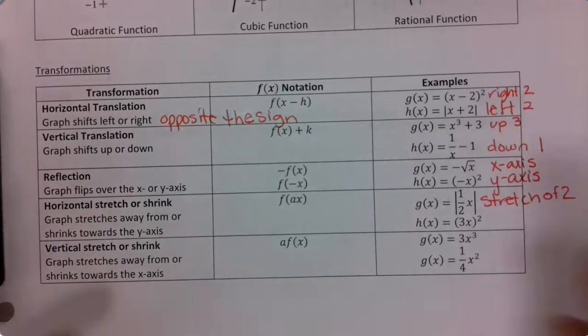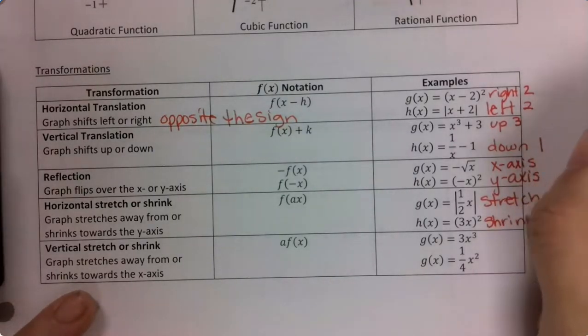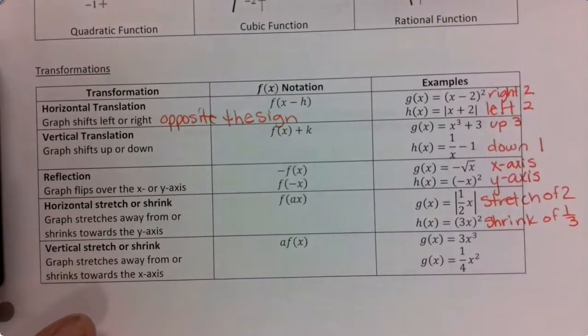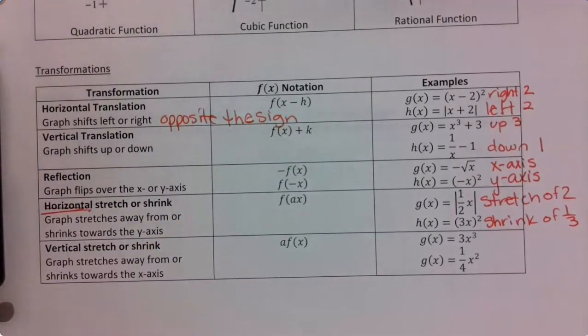Okay. The bottom one is a shrink of 1/3. So whenever it's horizontal, it is the reciprocal number.